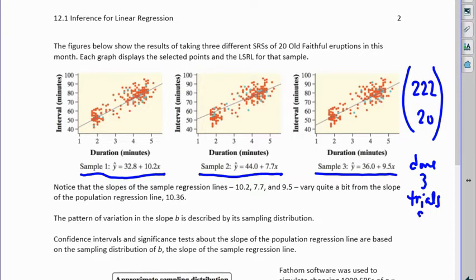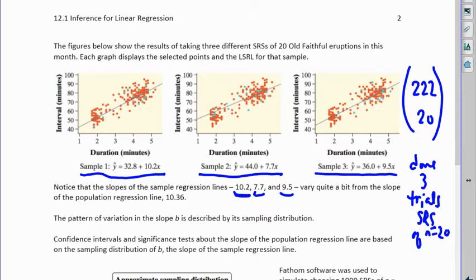Okay, simple random samples of n equal 20. So if you look at the slopes of these regression lines, we got 10.2, we got 7.7, and we got 9.5.